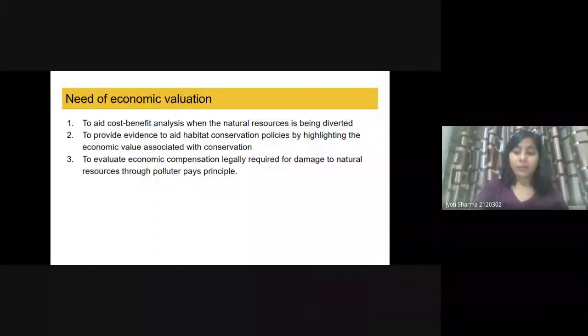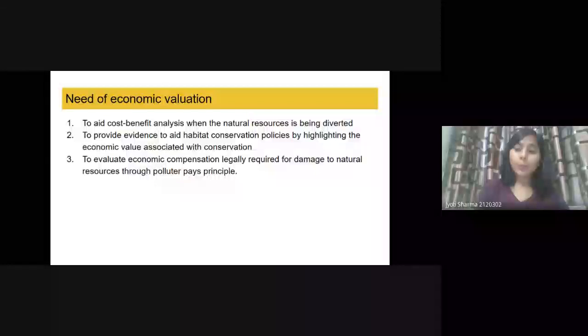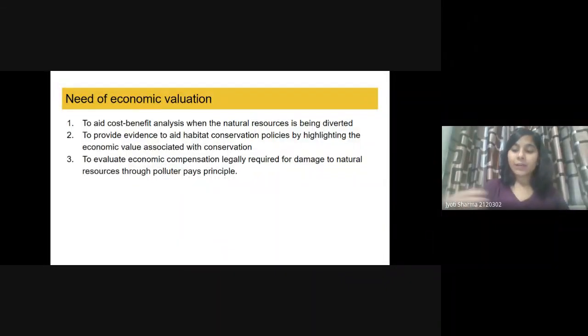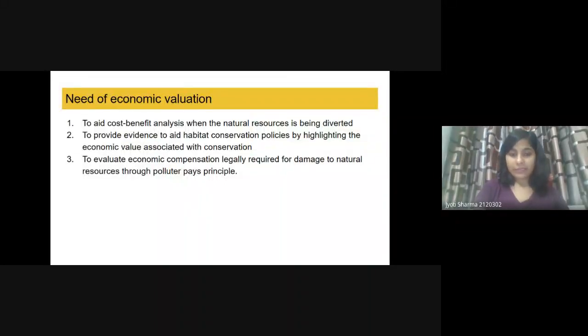In case we are diverting it for cropland or agriculture, how much expenditure we have to do on that agricultural land, and what kind of benefit we can get. We will see the input and the output. Based on that, we can decide whether the forest should be diverted or not. So this is the cost benefit analysis.